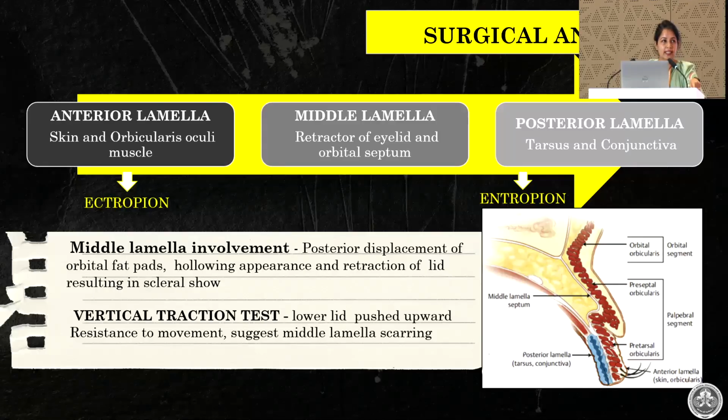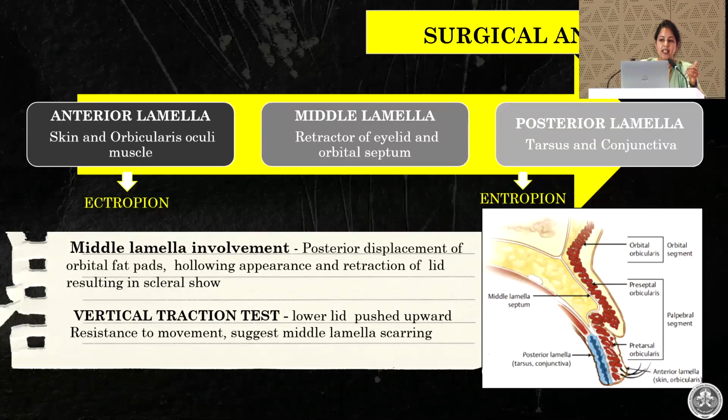A few words about the surgical anatomy for better understanding. The upper lid and lower eyelid are composed of analogous structures that are divided into the anterior lamella, middle lamella, and posterior lamella. Anterior lamella includes skin and orbicularis oculi. Middle lamella refers to the retractors of the eyelid and orbital septum, and posterior lamella refers to the tarsus and the conjunctiva.